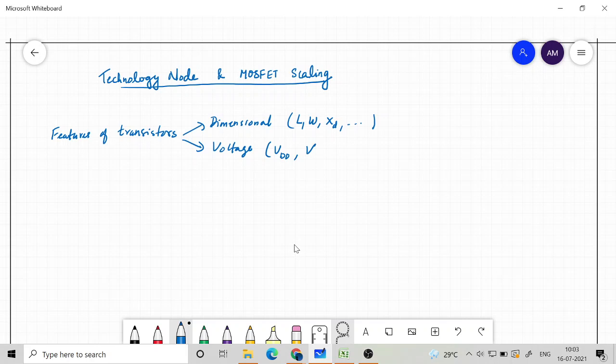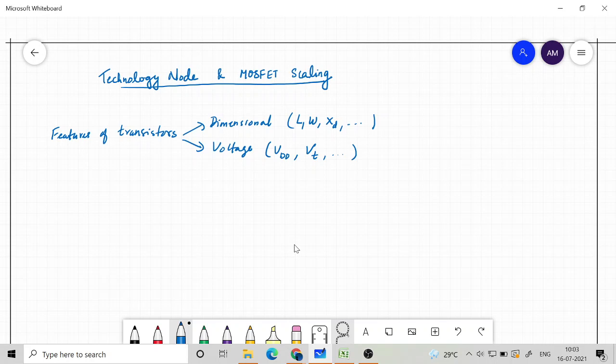Another critical thing is VT, the threshold voltage. It's very difficult to scale down or reduce VT. If you can reduce VT, you can reduce VDD, but reducing VT is very difficult because it depends on various things which we earlier discussed in the derivation of VT: flat band voltage, impurities.